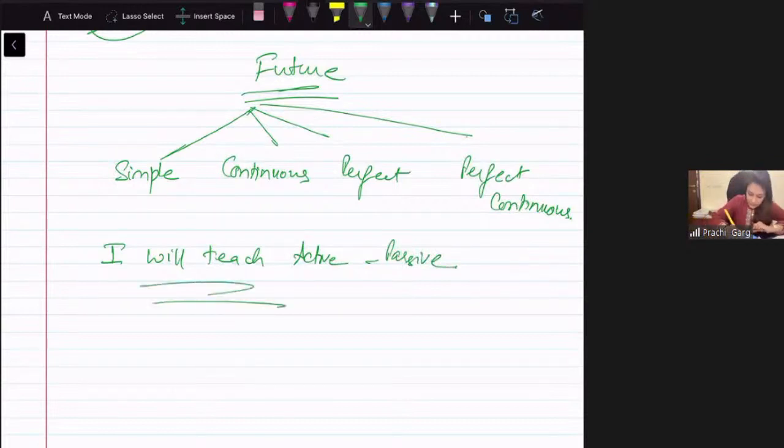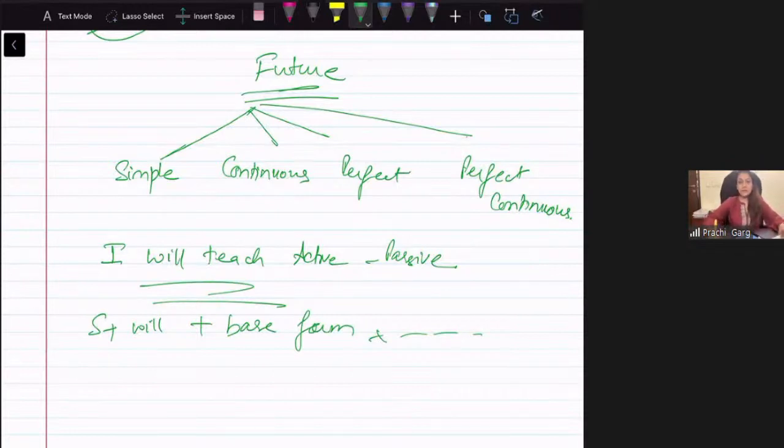In simple future, we use will plus the base form of the verb. Clear? Yes. Are you guys understanding this? Don't worry. After this, we will be doing practice. I will be giving you a few sentences and then you have to tell me which kind of sentence this is.